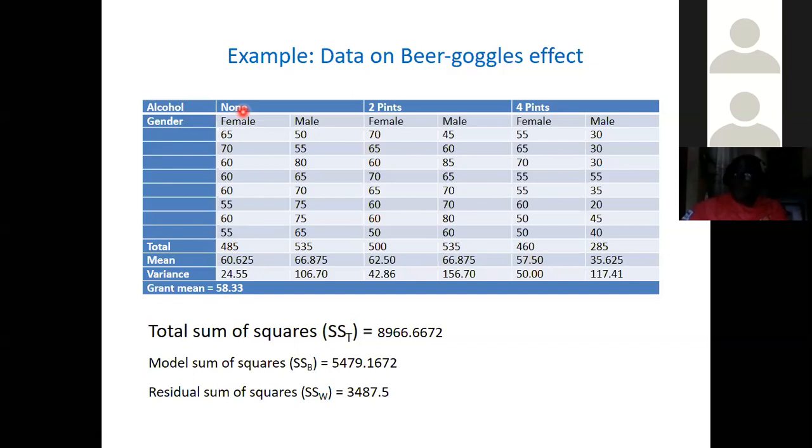So 2 times 3, making 6. So these are the 6 groups: female that took none, male that took none, female that took 2 pints, male that took 2 pints, female that took 4 pints, male that took 4 pints.